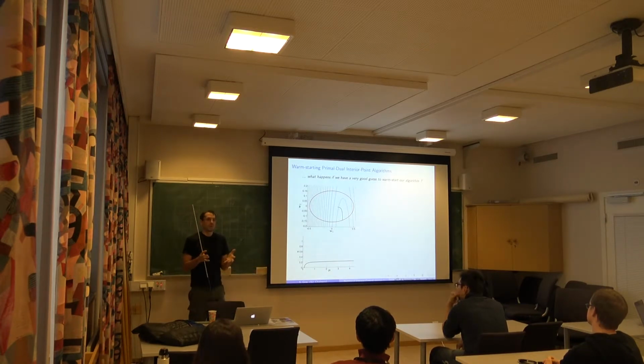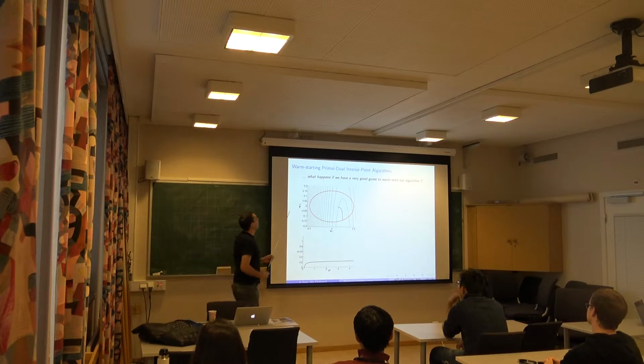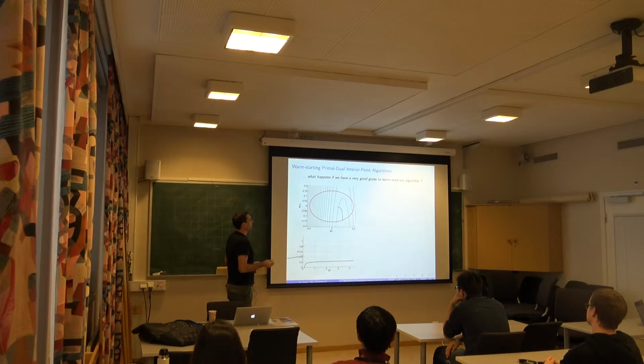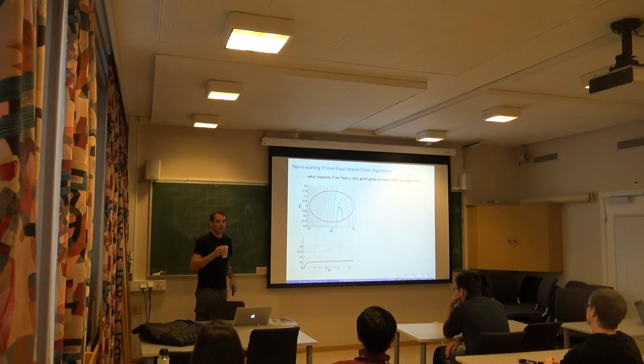If you have something that looks almost like your correct solution, it's a good idea to use it for your next solution. When we do that, we're talking about warm starting. I already have a pretty good idea of what the solution should be, and I want to use it for solving the next problem. Does it make sense?